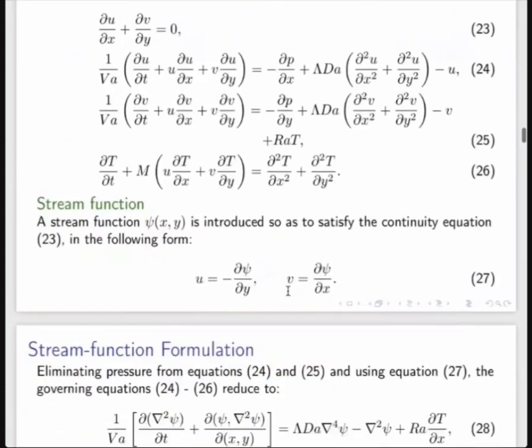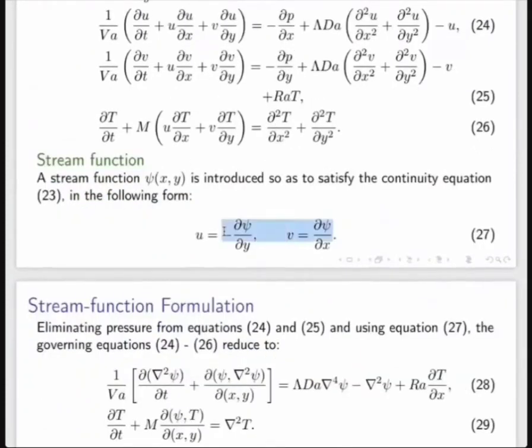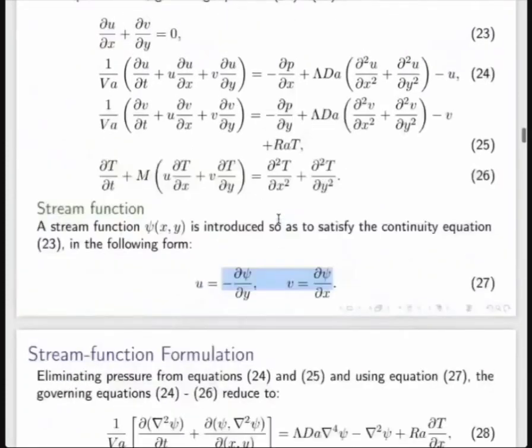By the application of stream function, it will reduce the number of variables by 1. And we also eliminate pressure. So now the unknowns would be just u, v, and T. And since u and v are written in terms of the stream function psi, there are only two unknowns now, psi and T.